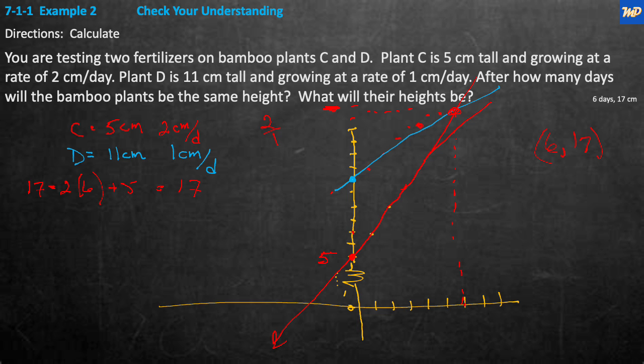And if I do D, we have 17 equals slope of 1x plus 11. And x is supposed to be 6 here. And 17 is equal to 6 plus 11, which is 17. These are true.